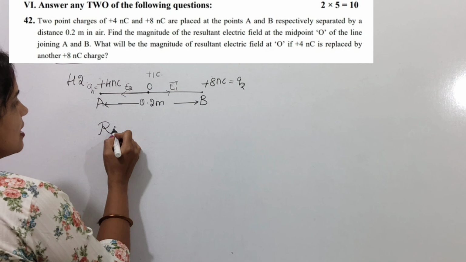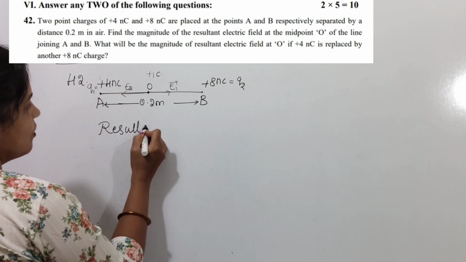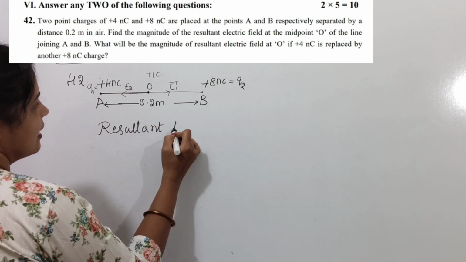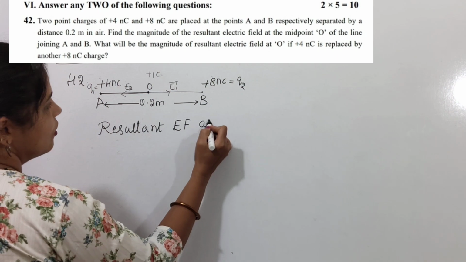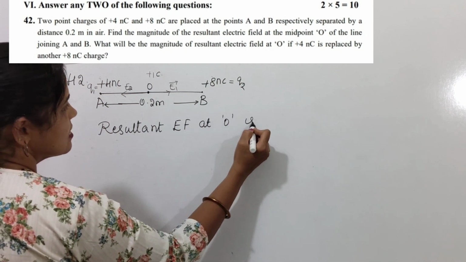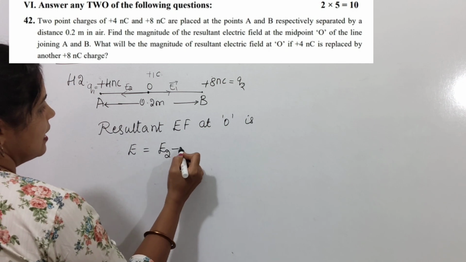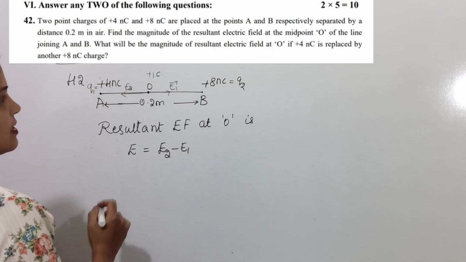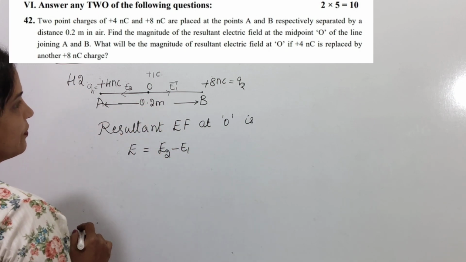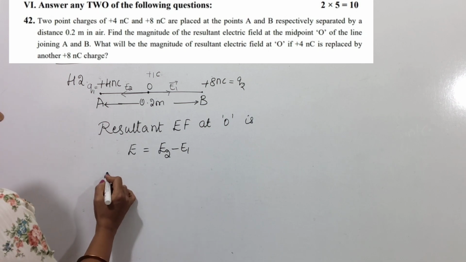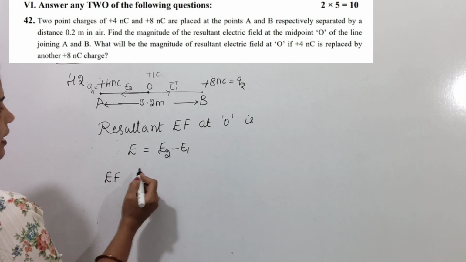Then what is the resultant electric field? The resultant electric field at O is E equal to the difference, E2 minus E1, the difference between these two electric fields. Now let us calculate the electric field E1.